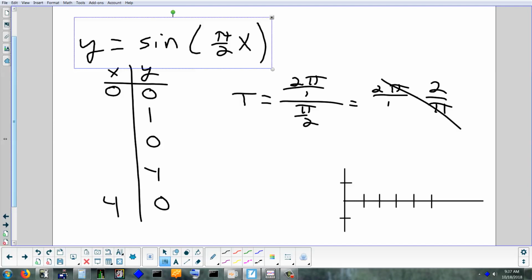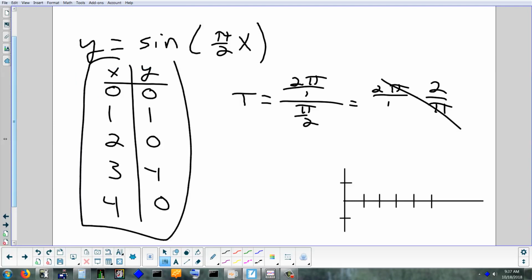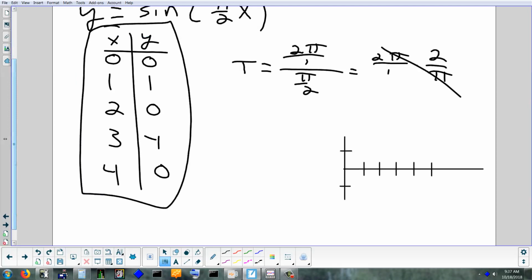So this one actually has a nice ending point. This is the only graph we've done all week that's not going to have any pi's in the x values. And now the averaging should be pretty fast. The third x coordinate would be 3. This is also the only problem where technically you don't have to label your x or your y axis, because I would go by 1s on both of them.